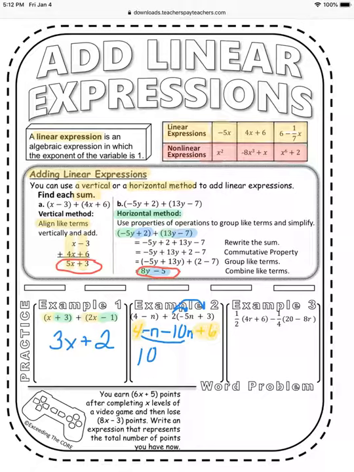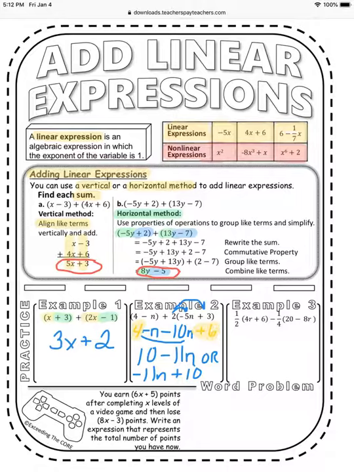So negative 1 combined with negative 10 is negative 11n. So our final answer is 10 minus 11n. You could also have started out with the n terms, and you could have got negative 11n plus 10. So either one is correct.